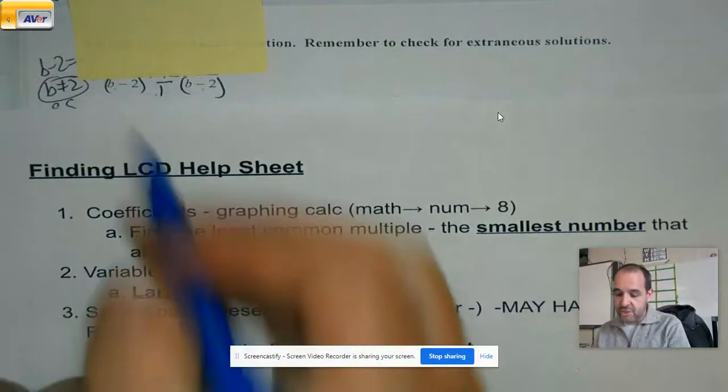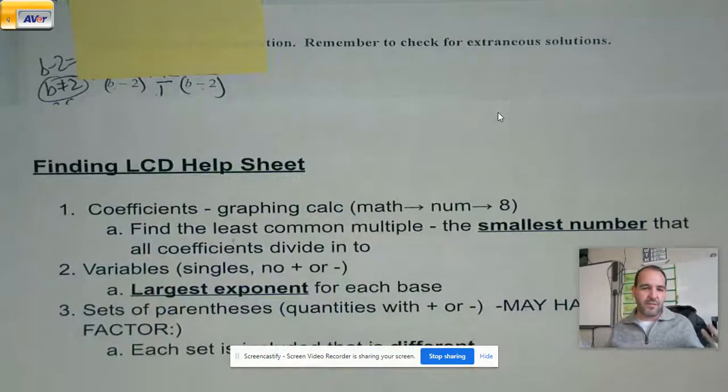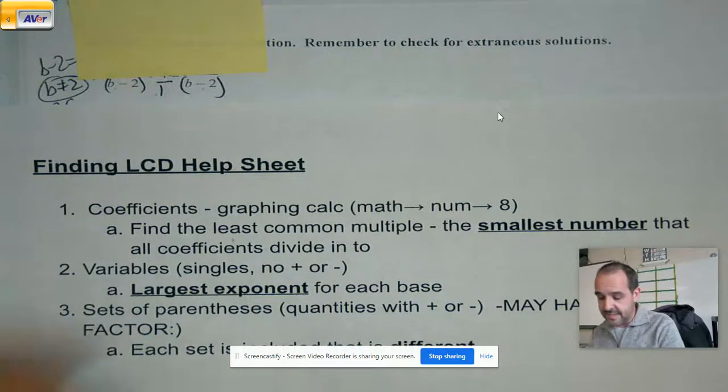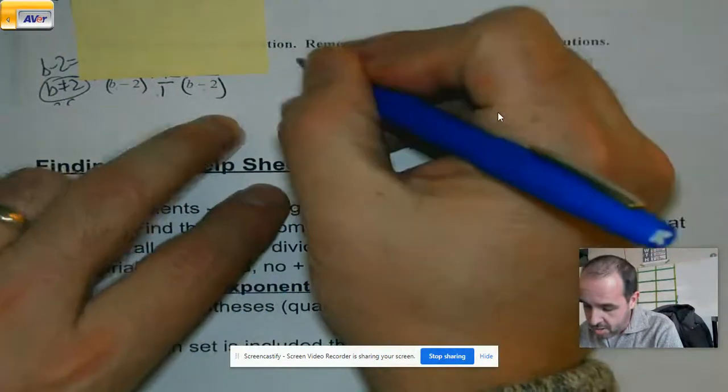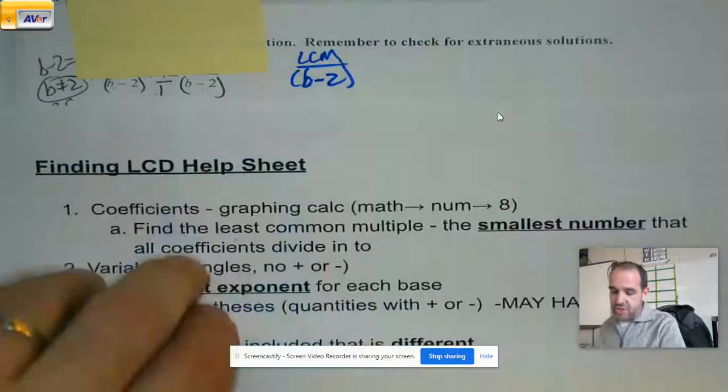Do I have coefficients? Do I have any numbers that aren't in parentheses? I have that 1, but 1 really doesn't do anything for us, so I'm not going to worry about that. Variables. Do I have any variables that are not bonded with plus or minus? No. So then the sets of parentheses is all I would have. So here, my least common multiple would be B minus 2.